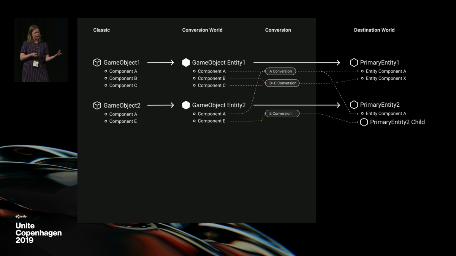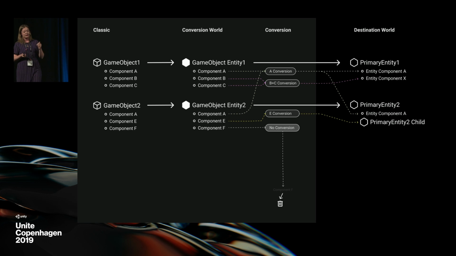So now we have a component that turns into a child entity. Interesting. We can also have examples where one authoring component becomes many runtime components. And if we don't have a conversion system that's looking for a particular type of component, it might just get dropped. So there's a lot of complexity here, and this is what we've been working on visualizing.